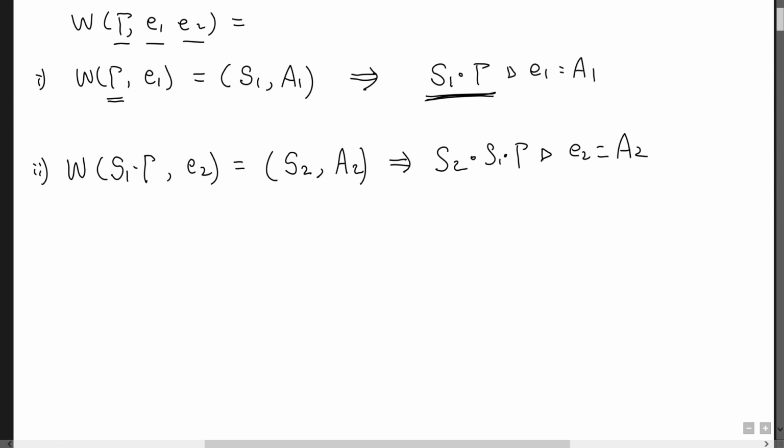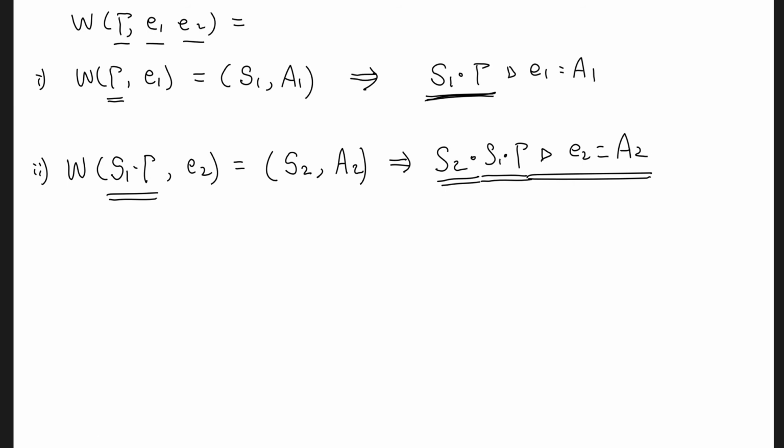Okay, now we have updated the typing context once more. In the beginning, you had S1 applied to gamma, and now the typing context is S2 applied to S1 gamma. In order to decide the type of the whole application E1 E2, we want to use the typing context in a consistent way. That is, this typing context needs to be consistent with this typing context.